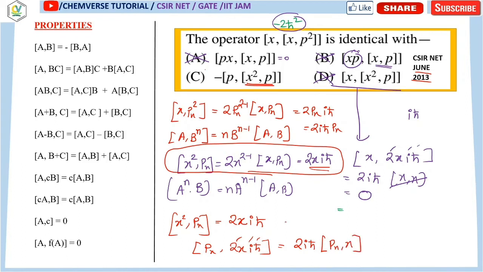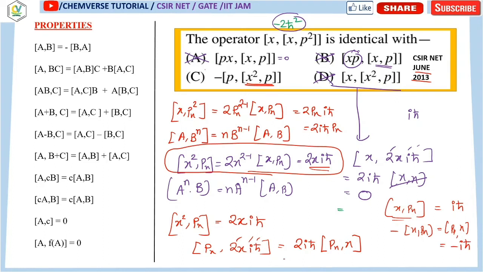Now x px, what is the commutation value of x px? Do you remember? X px has a commutation value of i h cross. So what is the value of pxx? Pxx has a value of minus xpx. So this is the value of the pxx commutator, which is minus i h cross.